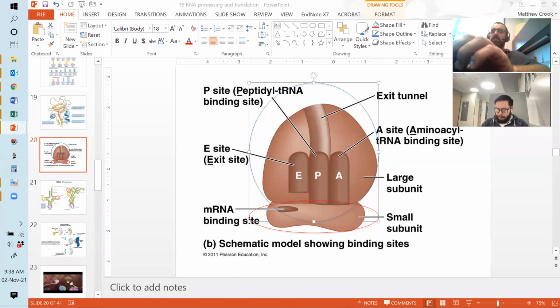And E is easy. It's the exit, where the uncharged, I don't know, discharged tRNA leaves the ribosome. So there's 3 different sites and different things happen in each of them. And those sites are key to how the ribosome works, how translation happens.